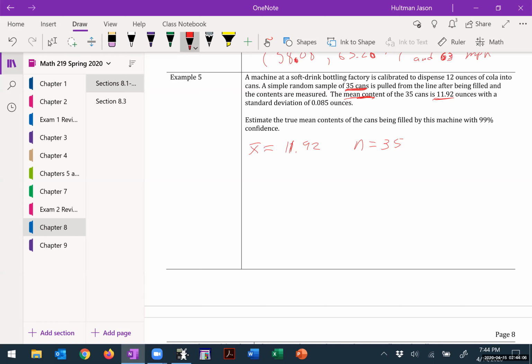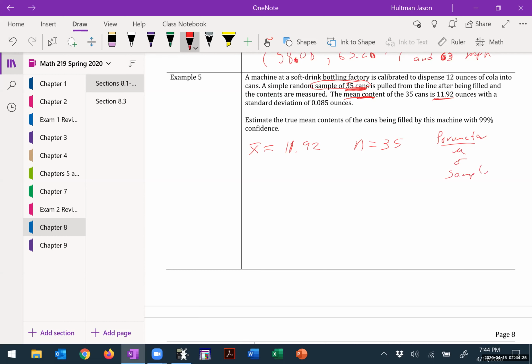Professor, sorry, how did you know that it was x bar and not mu? Because it said the mean content of the 35 cans, and the 35 cans is my sample, right? So you remember that we have parameters mu and sigma.